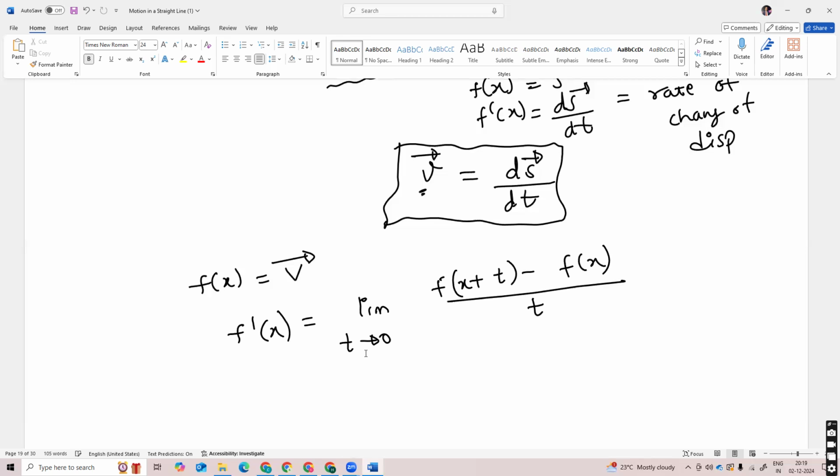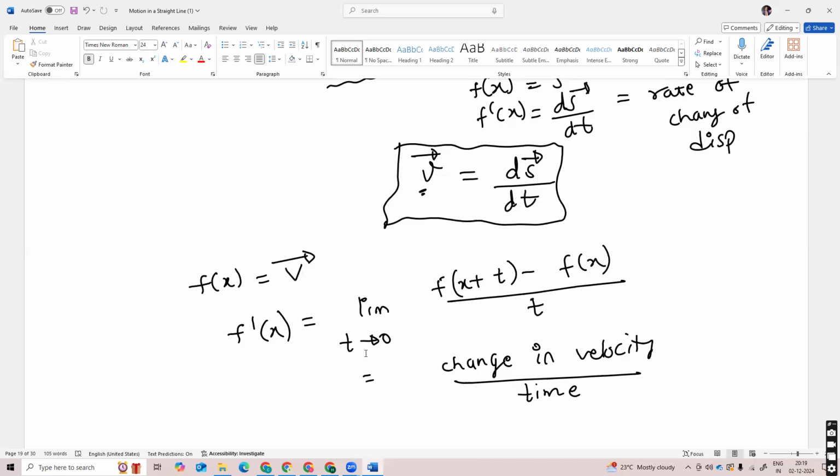Since we have considered f of x as velocity v, what we are finding is the change in velocity with respect to time.